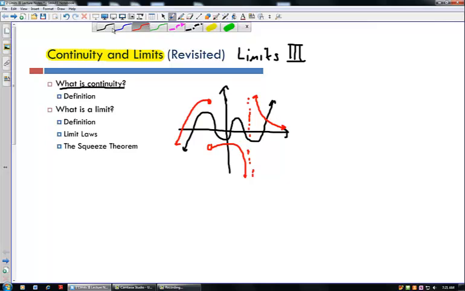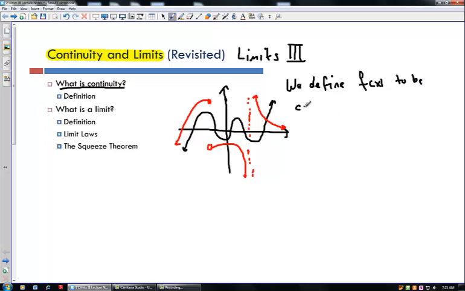But what we really mean by something being continuous, the actual definition of continuity, is this. We define f of x to be continuous at x equal a if it satisfies this condition: the limit as x goes to a of f of x is equal to f of a.